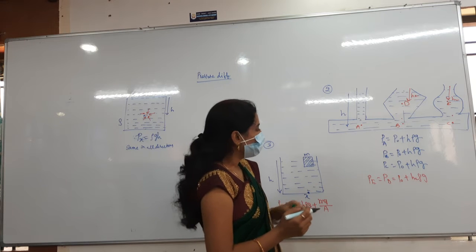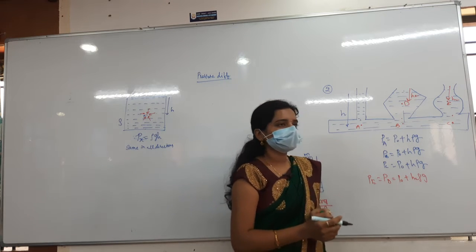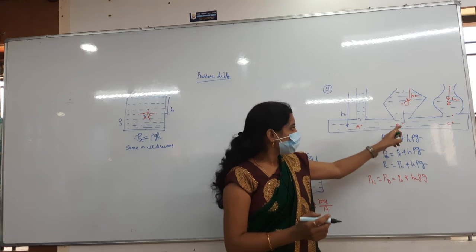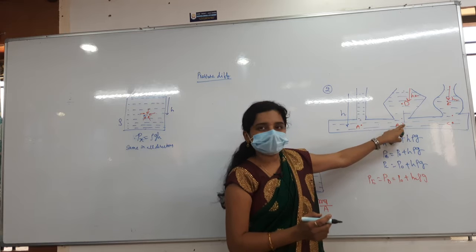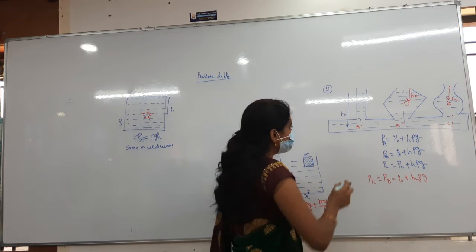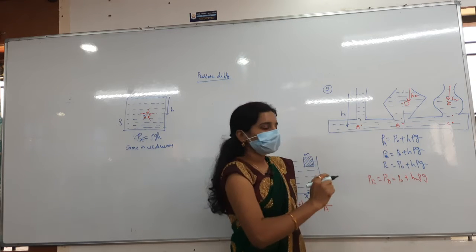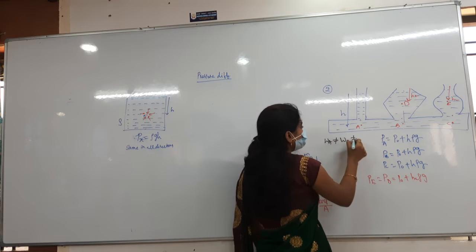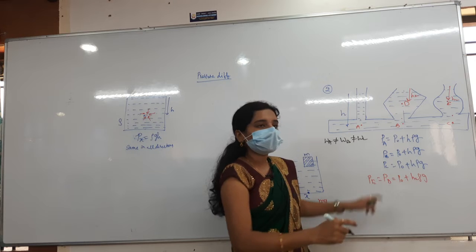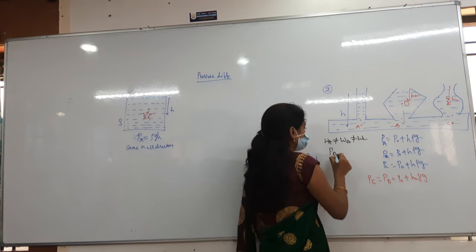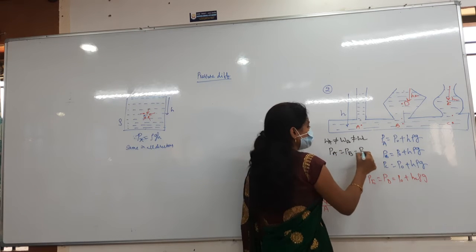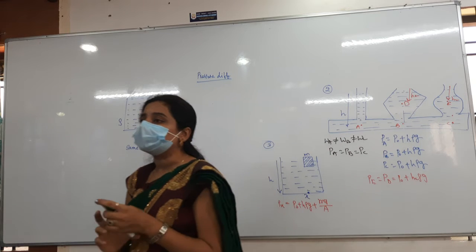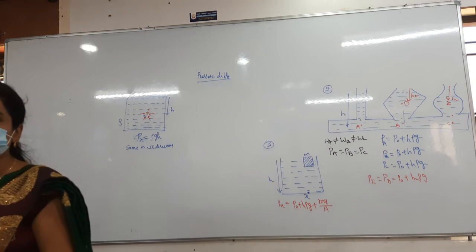If you see, at which point is there more weight? The second one, right? The second one has more weight, and this one has very little weight. So WA is not equal to WB, is not equal to WC. But even then, what is happening here? Pressure A equals pressure B equals pressure C. Why? Because it does not depend on the weight of the liquid, it depends only on the height of the water column. Clear?